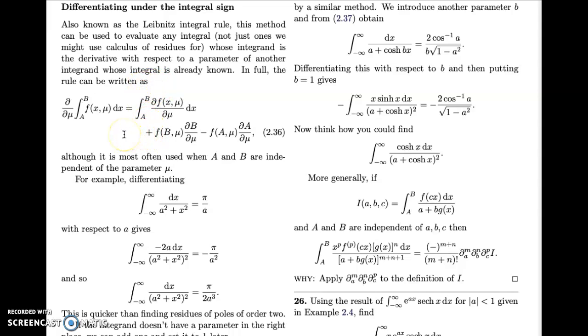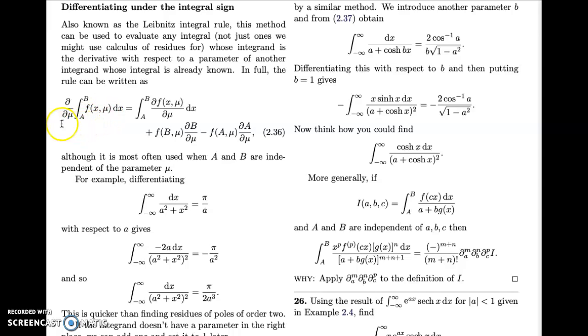So it relies on Leibniz's rule, which is basically saying that if you've got some function of x, you're integrating with respect to x, but that function contains a parameter mu, then if you differentiate outside the integral, in other words, it's differentiating under the integral, it's called, then what it's really saying is that if you integrate this f with respect to x, you'll get some function of mu as the answer.